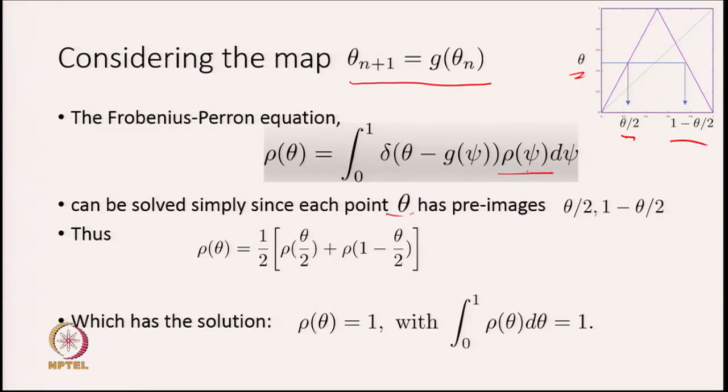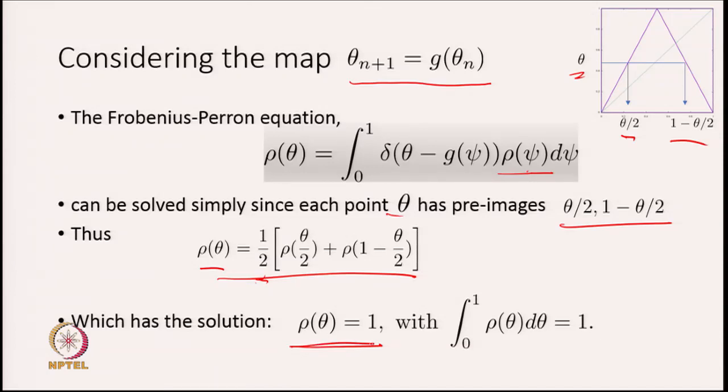So, the point theta has precisely 2 pre-images, and therefore, you can rewrite this particular equation as rho of theta is a half rho theta by 2 plus rho 1 minus theta by 2, and this half is not the average half, but it is the slope of 2 because of the delta function. And solving this particular equation says that rho of theta is equal to 1, because this is true for all theta, the only solution is that rho of theta is 1.